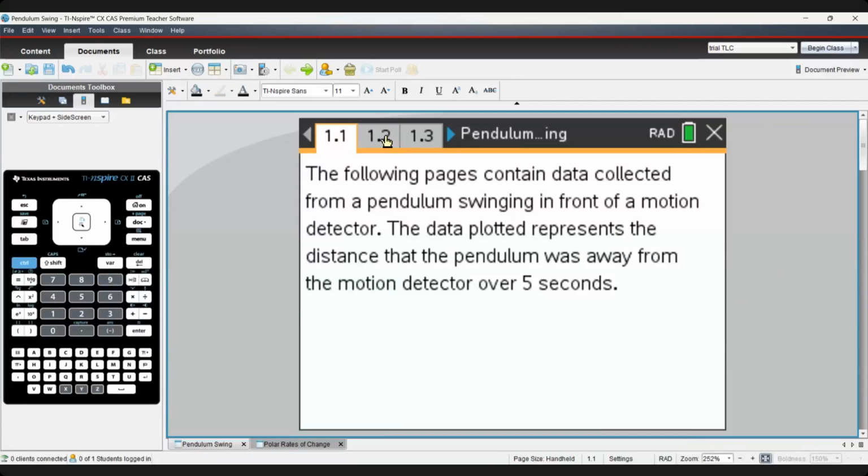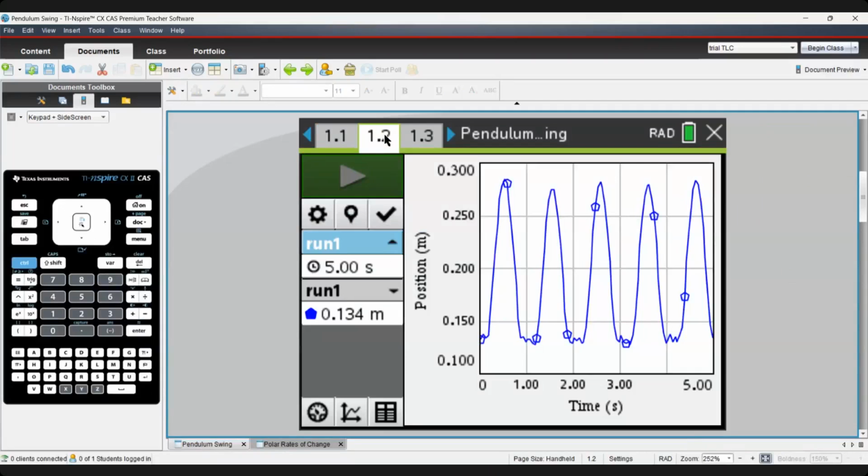All right, and you all will get these files. This TNS file, even those two tiny little programs for the cosine and the tangent data, you all will get when all the files get sent out. So on the second page, this is my data that was collected using our motion detector.